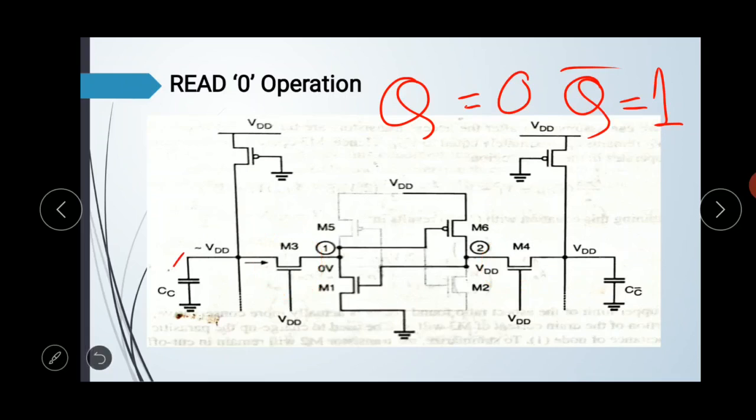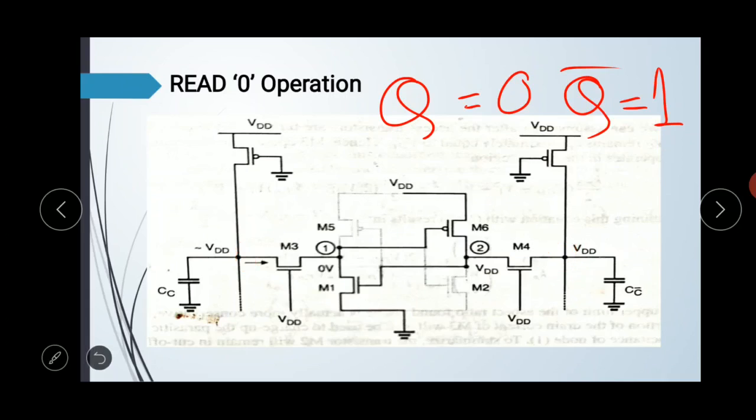Then these capacitors are pre-charged, so they are fully charged. As this is a read operation, the bit and bit bar lines act as output lines. When the capacitors are fully charged, these nodes have high voltage, at logic 1 level, nearly equal to VDD.